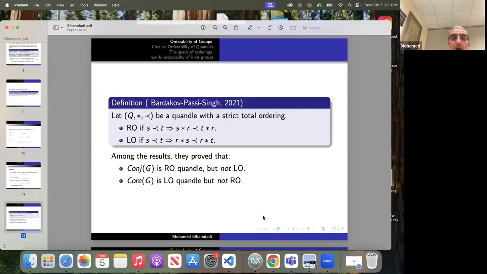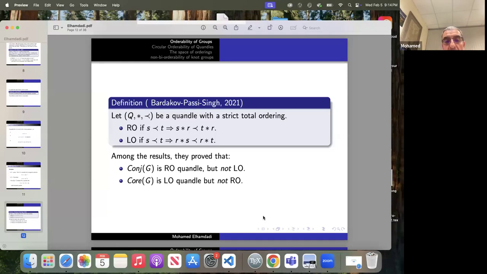Back in 2021, Bardakov, Passi, and Singh in one of their papers defined the notion of right orderability and left orderability for quandles. And the definition is similar to the group case. If s is less than t, right orderability means the order is invariant from the right, and left orderability means the order is invariant from the left, through the star operation in the quandle.